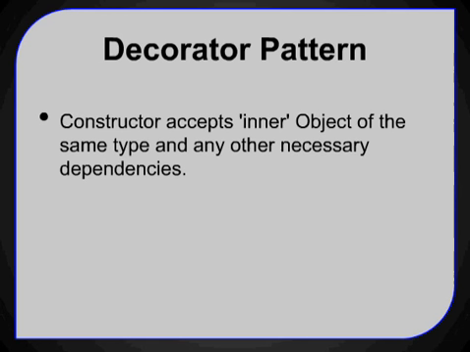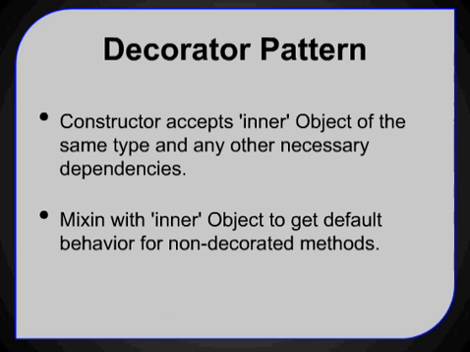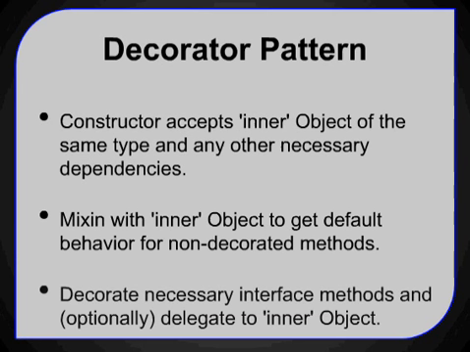Which brings us to our second pattern of the day, the decorator pattern. What it is, what we just saw: you have a constructor that accepts the inner object of the same type and any other dependencies, specifically how you're going to decorate it. You mix in with the inner object to get default behavior for all the non-decorated methods.